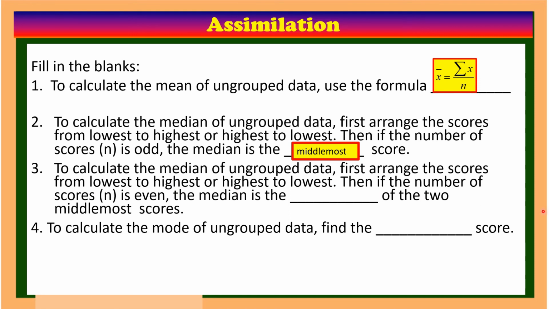Then, if the number of scores n is odd, the median is the middlemost score. If n is even, the median is the average of the two middlemost scores. To calculate the mode of ungrouped data, find the most frequent score.